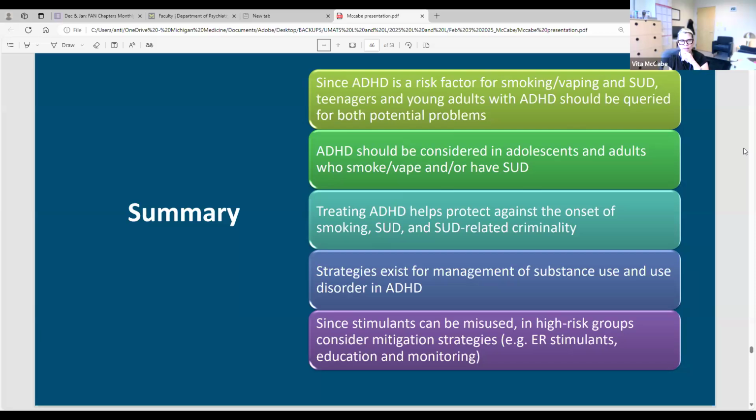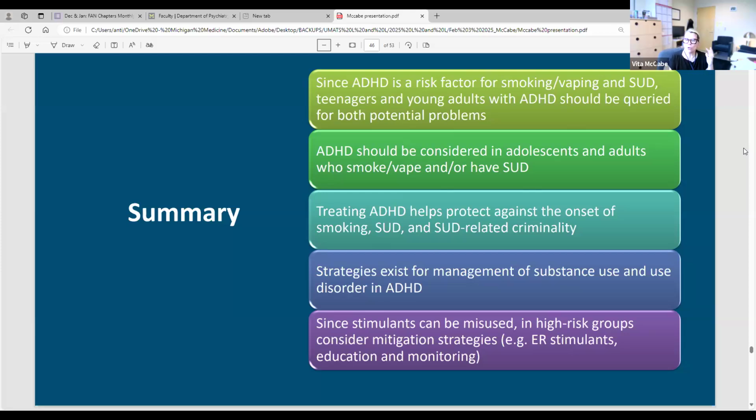We need to use strategies for management of substance use disorder in ADHD that are a little more intensive, with a little more digging for collateral, and really asking did the ADHD start before the age of 12? And then, in our high risk groups, thinking about mitigating strategies like using extended release stimulants, a lot more psychoeducation and monitoring.